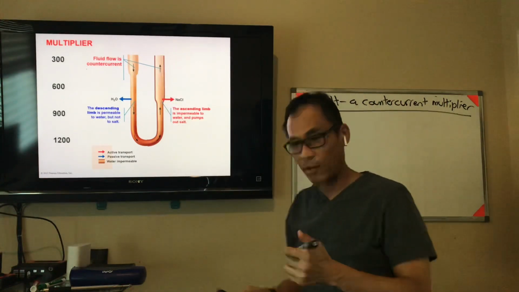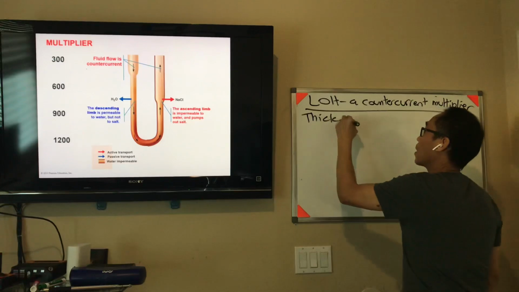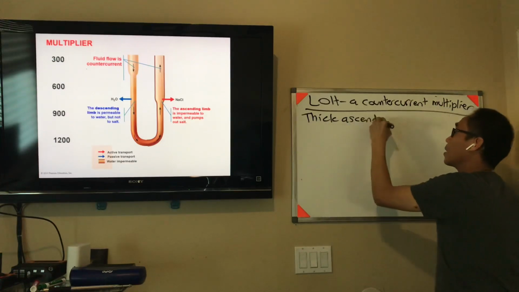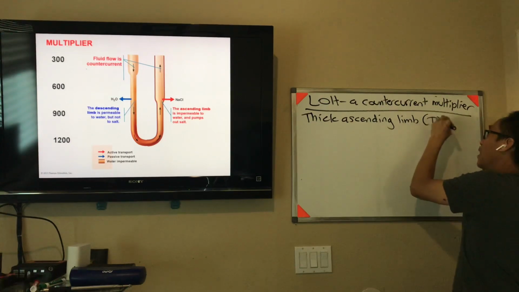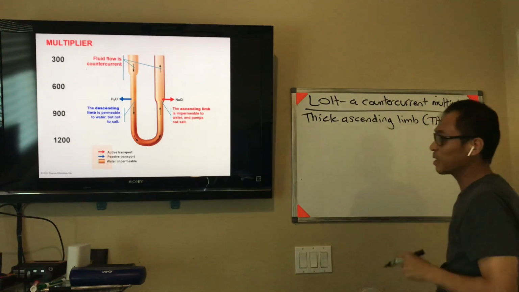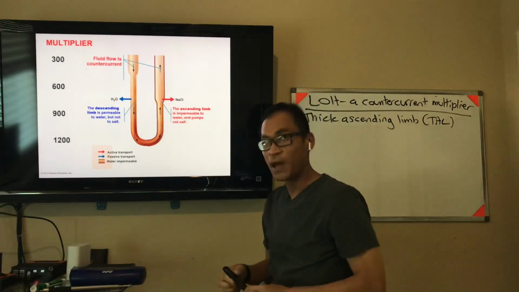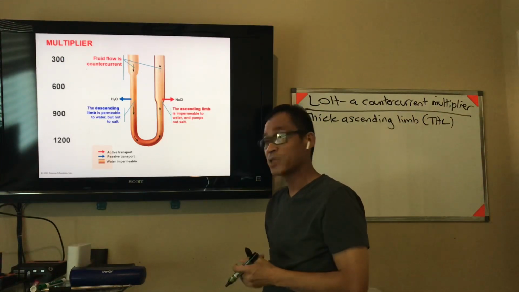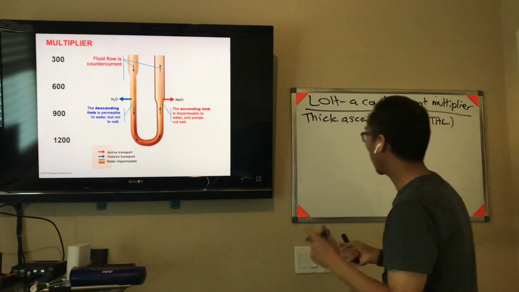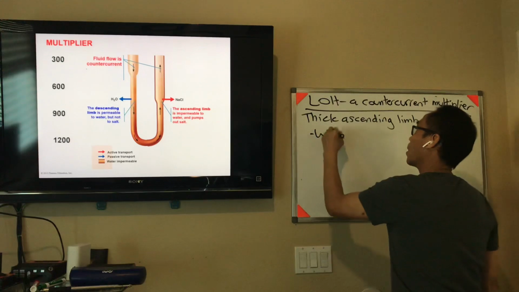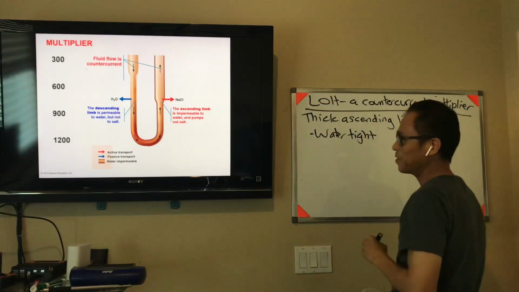Call it the TAL, or thick ascending limb. TAL for short. In the thick ascending limb, you see how they draw these dark brown lines there? They're trying to show you that it's watertight. The epithelial lining is watertight. Water doesn't leak out. So water is not going to leak out like it did in the thin descending limb.